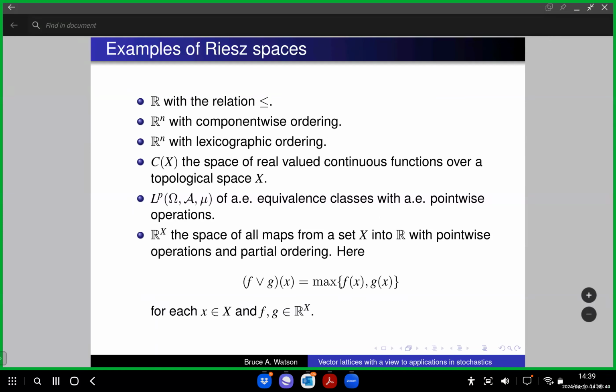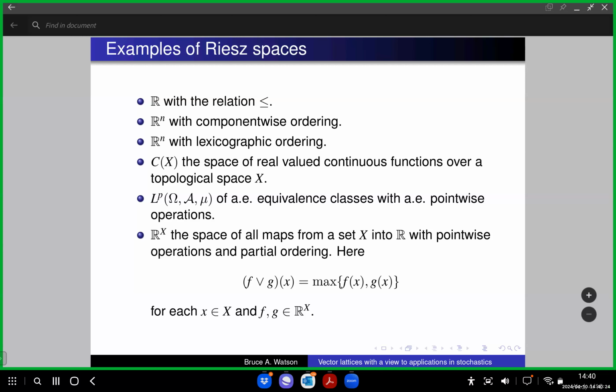Well, the reals with less than or equal to, Rn with component-wise ordering, Rn with lexicographic ordering, the real-valued continuous functions over a topological space X, the real-valued Lp spaces of a.e. equivalence classes, and the last one I would want to talk about here is the set of maps from some set X into the reals with pointwise operations and pointwise partial ordering.